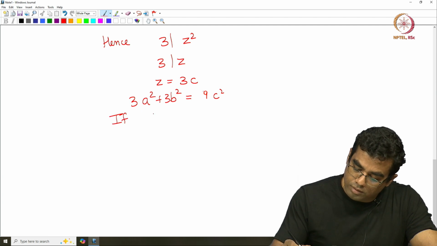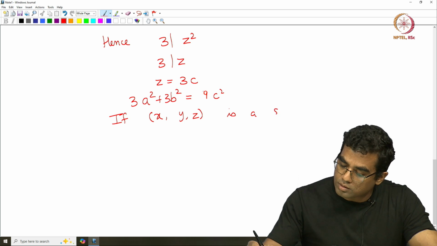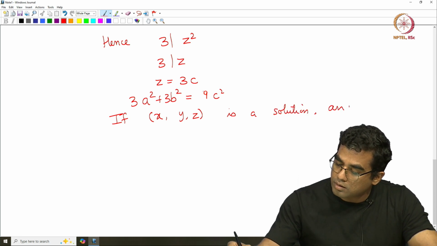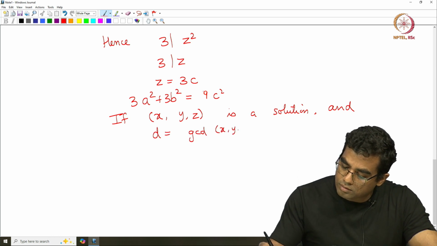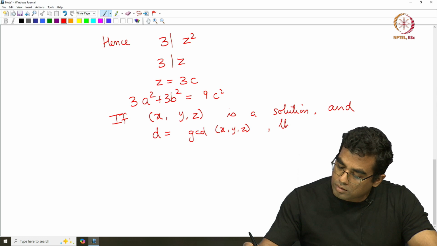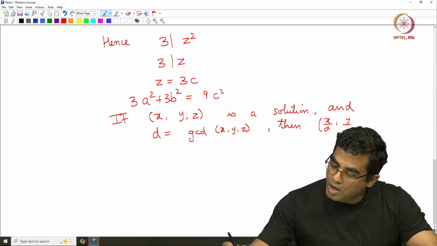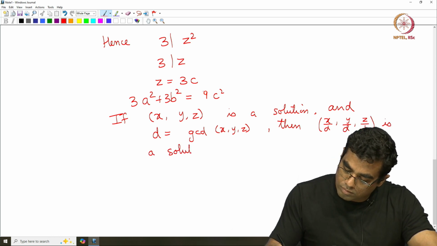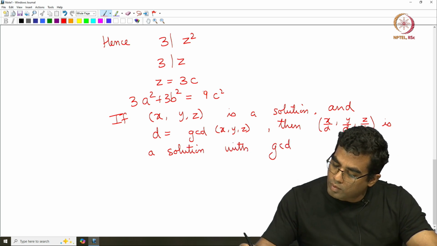So, if x, y, z is a solution and d is the GCD of x, y, z, then x by d, y by d and z by d is a solution with GCD equal to 1.